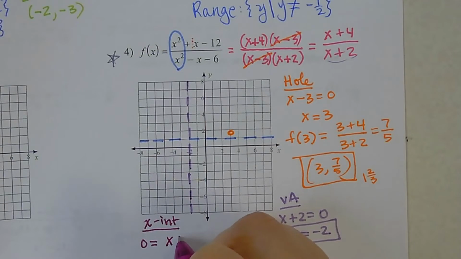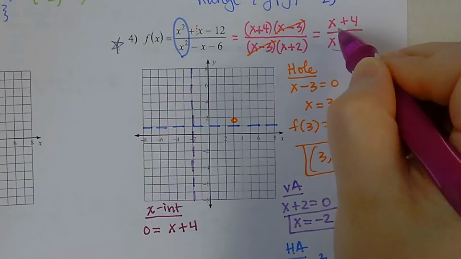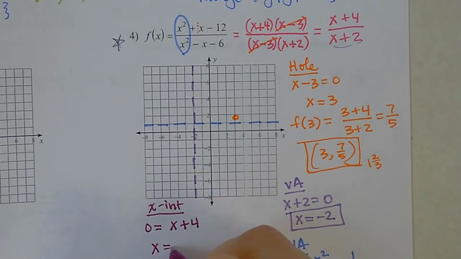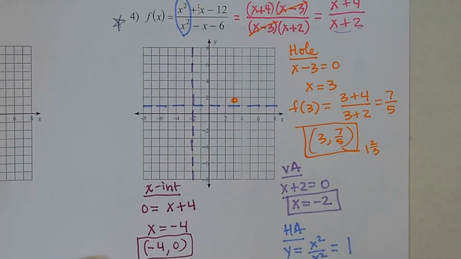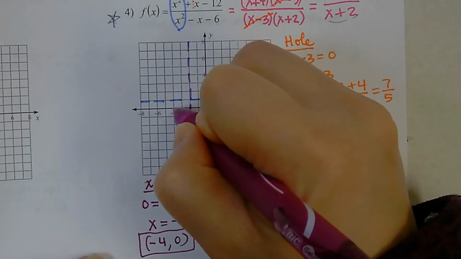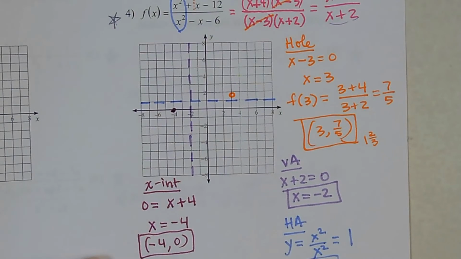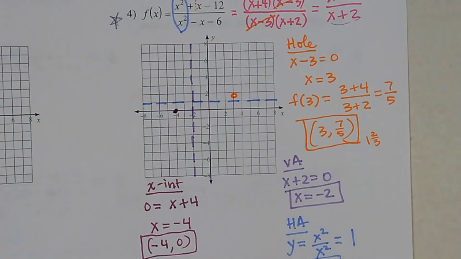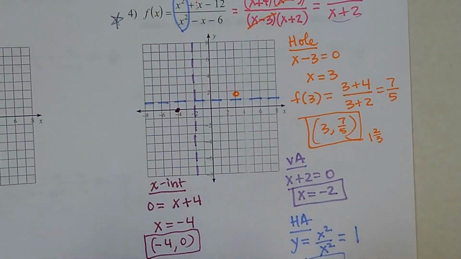So there's really no effect. All right, so x plus 4, which is the numerator, and I know that x is going to have to equal negative 4, so negative 4, 0 is going to be my x-intercept. Only one, right there. Usually we only have one, but sometimes we have two. Depends on what the problem is.